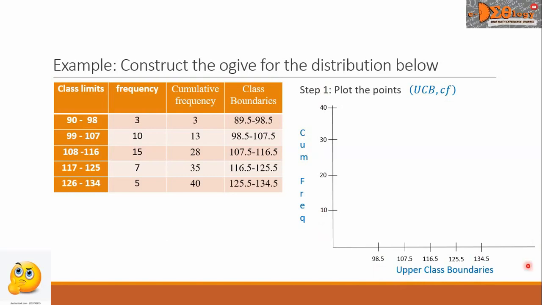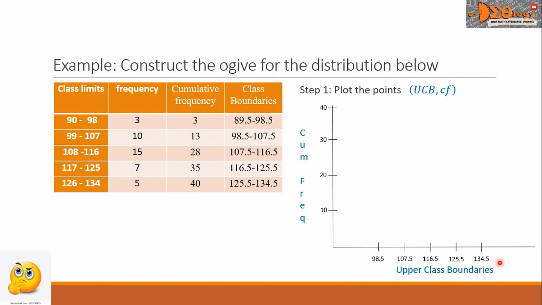So we can see here in the x-axis, the values are written as 98.5, 107.5, 116.5, 125.5, and 134.5.